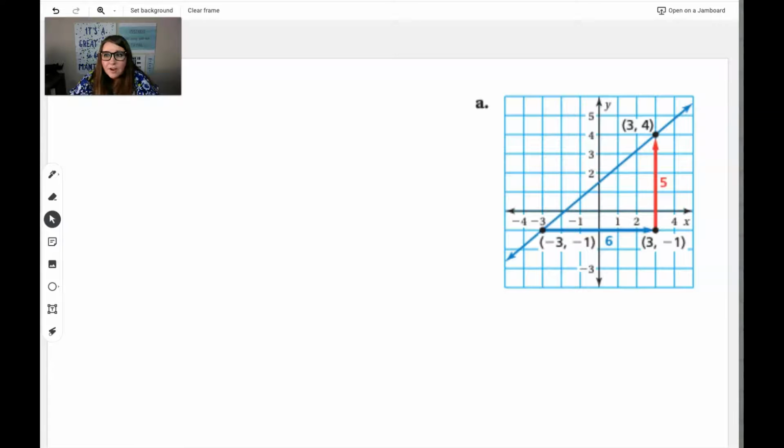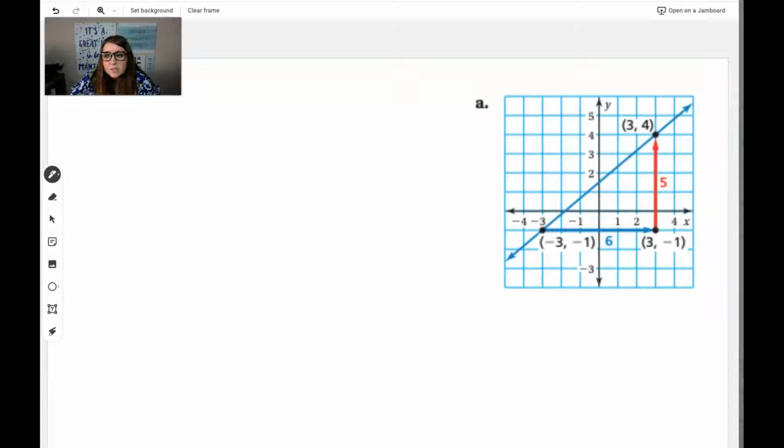But here is our line. So if you notice here in this graph, you can see that our line rises from left to right, and it goes upward. So this slope is positive. It's on a positive incline. So think of this like a mountain. You're climbing up the mountain. Okay, so this one is a positive incline.